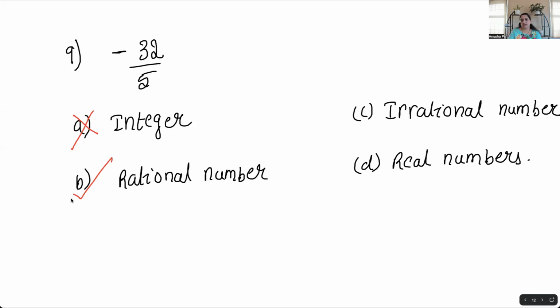Is it an irrational number? No. Irrational numbers are pi, square root of 2, square root of 5, square root of 7. So it is not an irrational number. Is it a real number? Yes, any number can be considered as a real number.